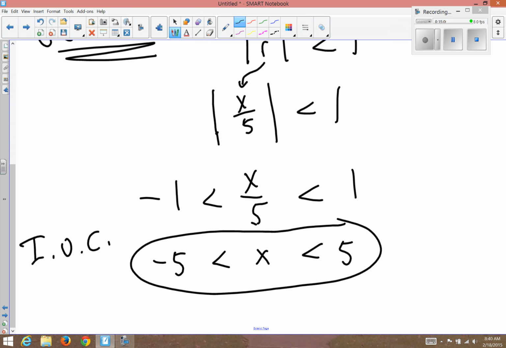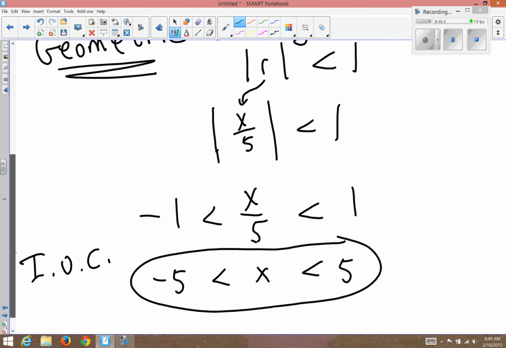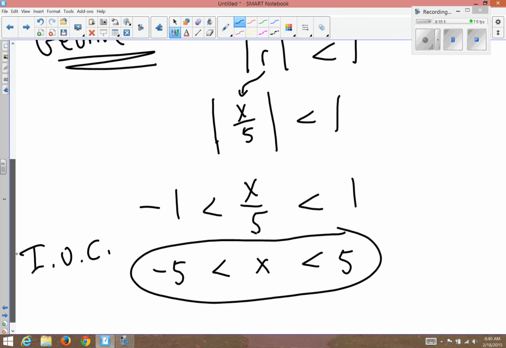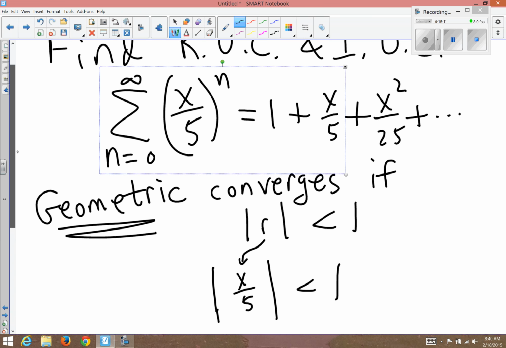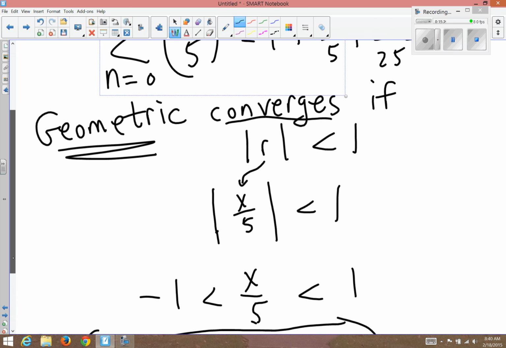And the nice thing about geometric series is we do not have to check the endpoints, because when x is 5, we're going to have a geometric series that diverges. And the same when x is negative 5. We'll have a geometric series that diverges. So no need to check for those.